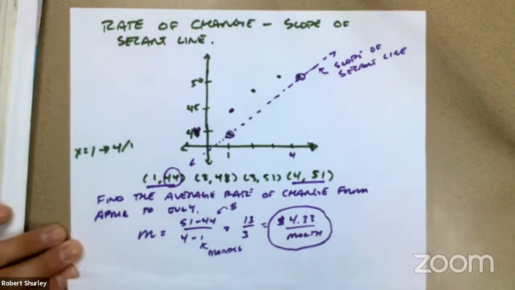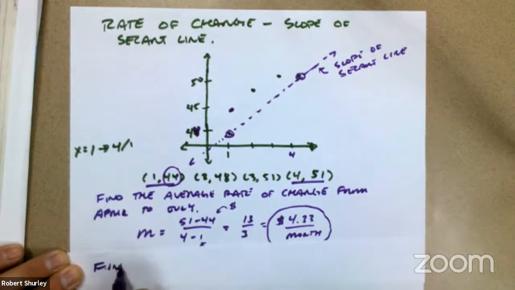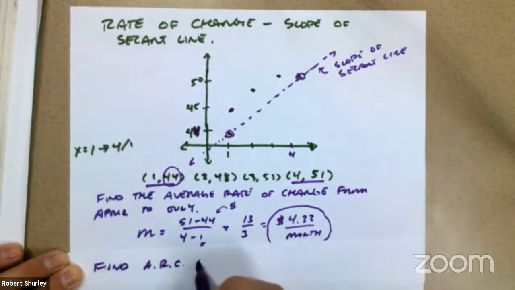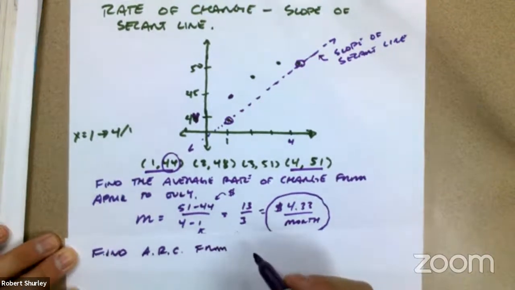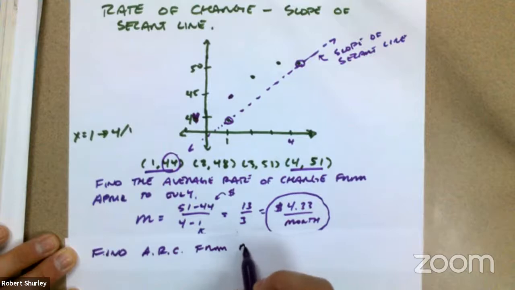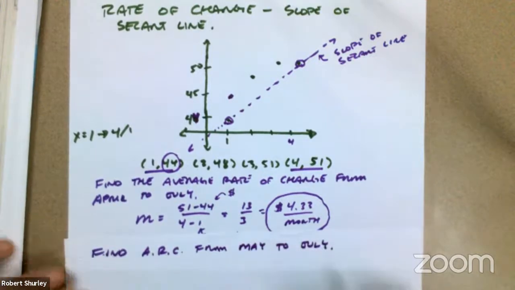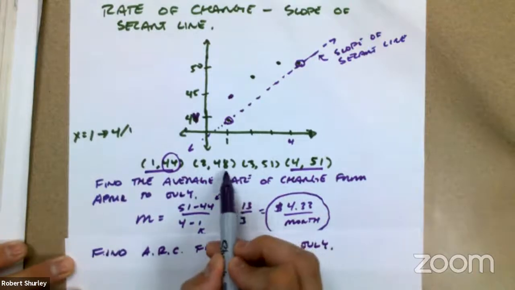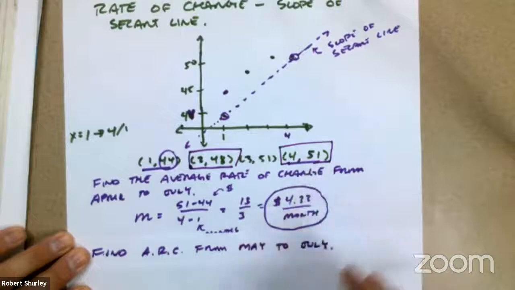Like if I asked you the same coordinates, but I want you to find the average rate of change, we'll say ARC, from, let's say, May to July. So now we're going to go from May, which is right here, to July.